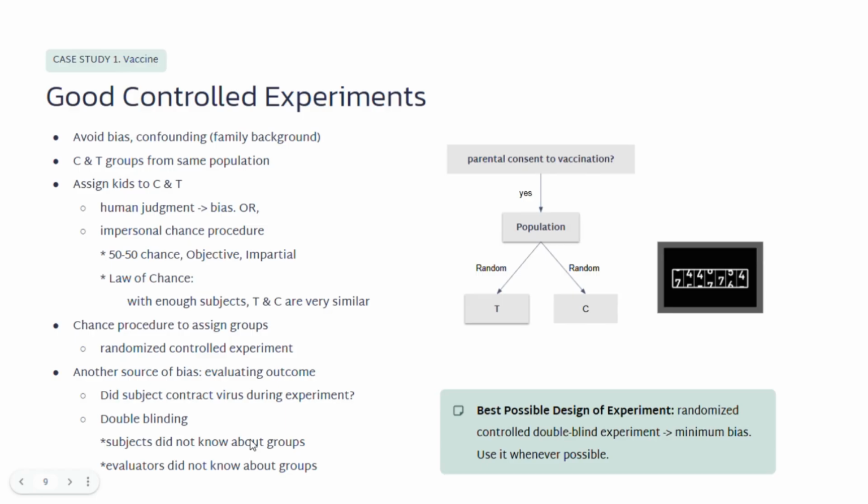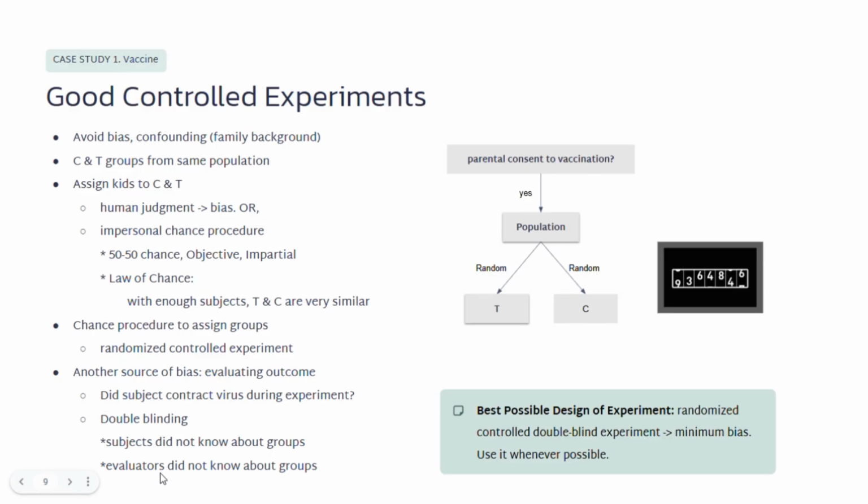So that's the double blinding. So you make sure that the subjects do not know whether they belong to the treatment or control group, and also the evaluators don't know whether each subject is coming from the treatment or the control group. So this is the idea of double blinding.